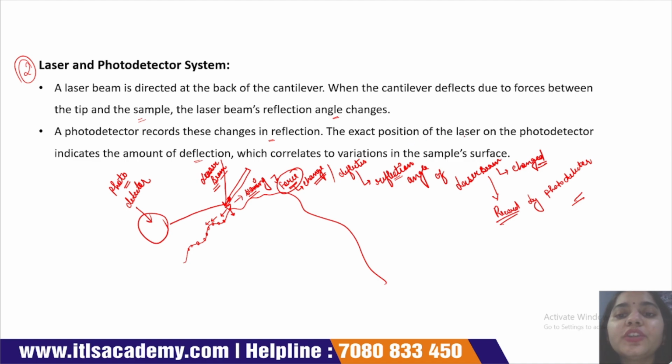The exact position of the laser on the photodetector indicates the amount of deflection.